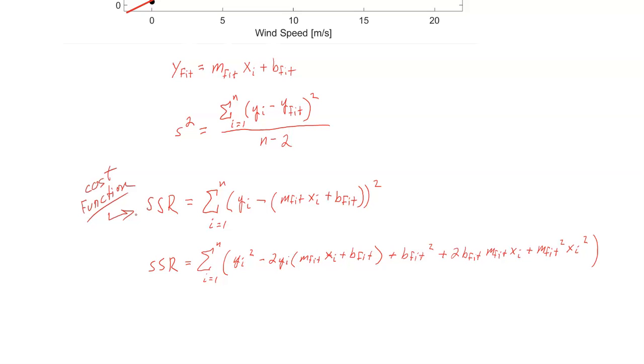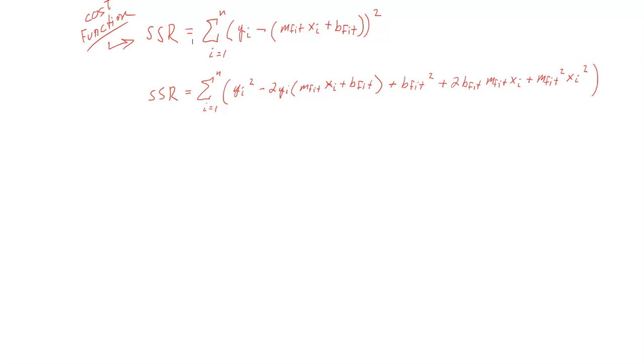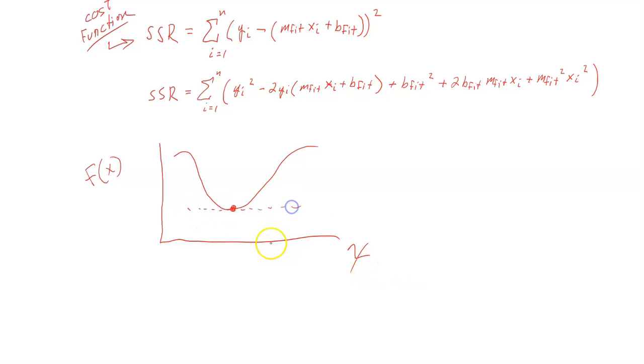If I'm looking to minimize this, how do I find the minimum value of any function? Well, remember from calculus, if this is a function f of x, and this is x, and the function looks like this, how do we find this value here, this critical point? Well, we take the derivative, and the location where the derivative, the local slope, equals 0 is guaranteed to have a critical point.